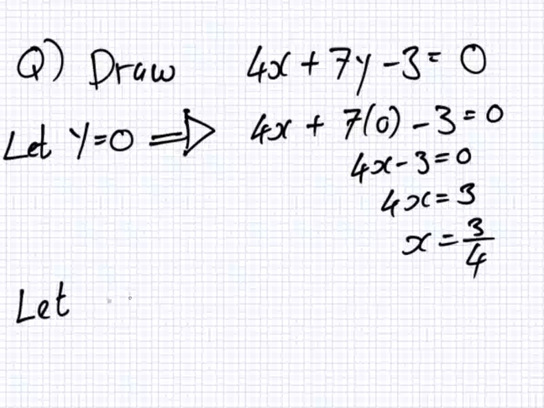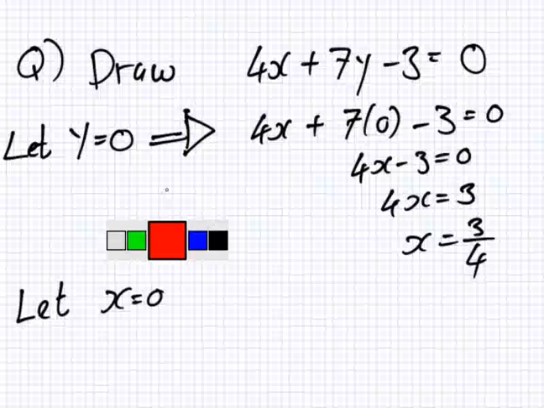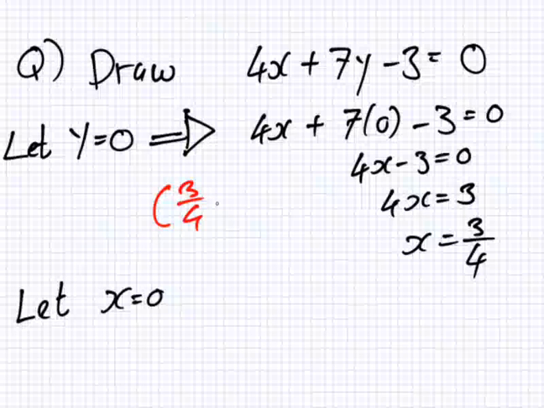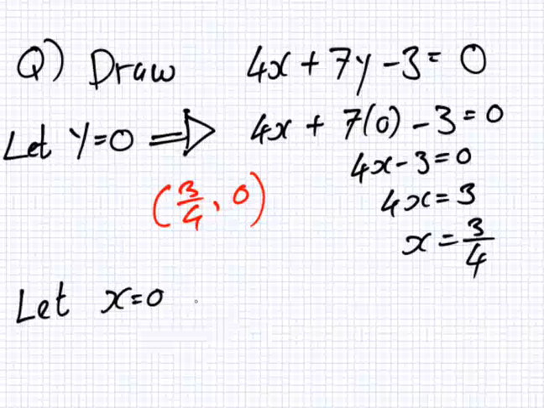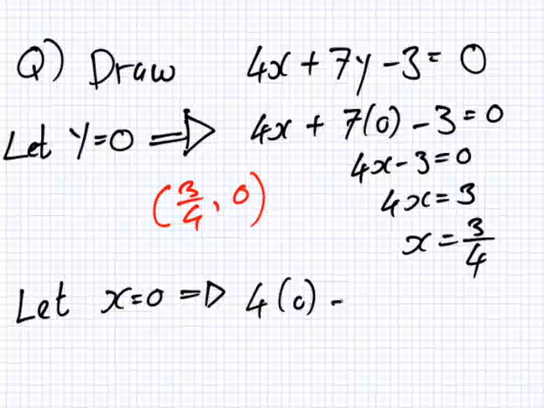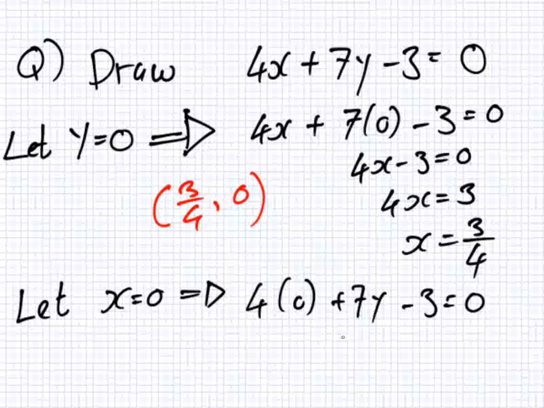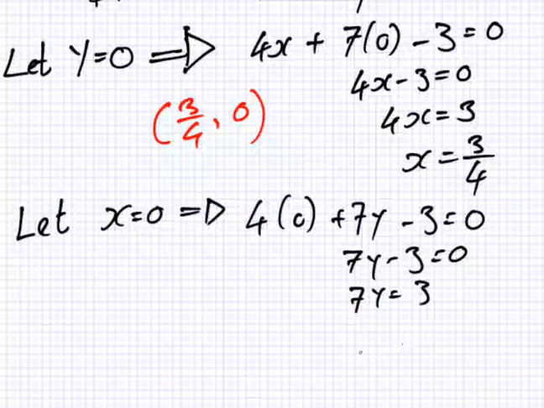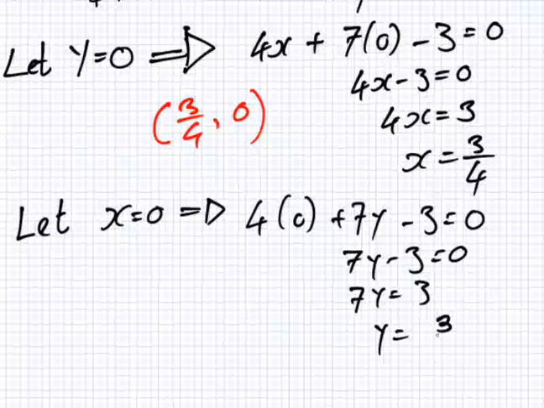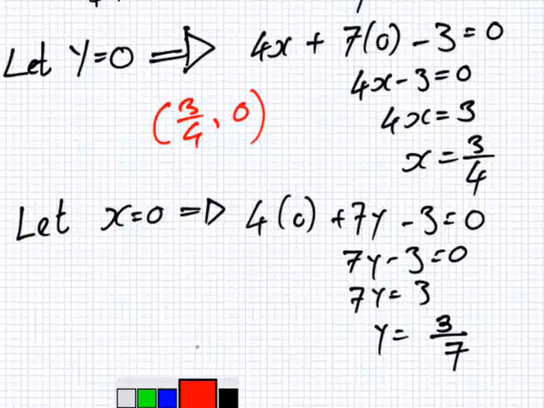M is positive, c is negative. And m is negative and c is negative. So you have 4 possibilities.